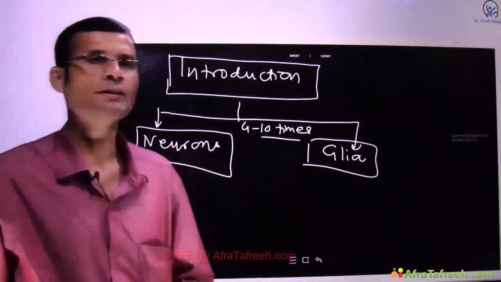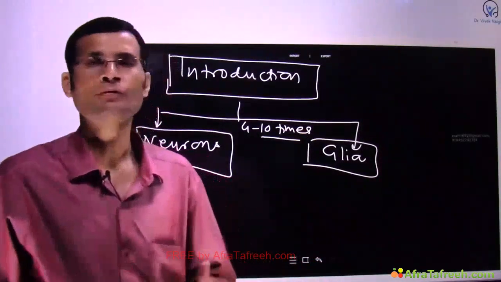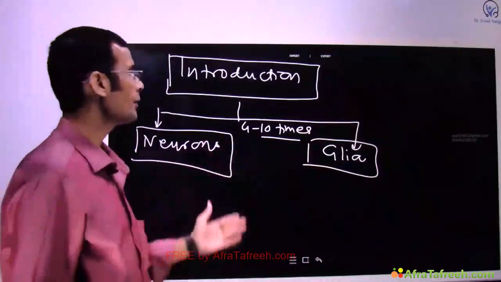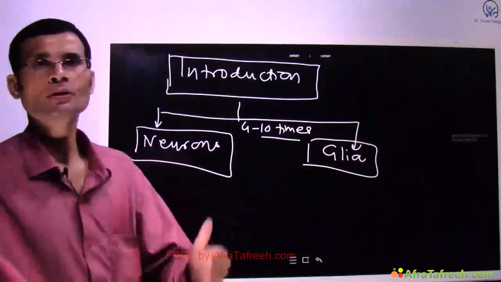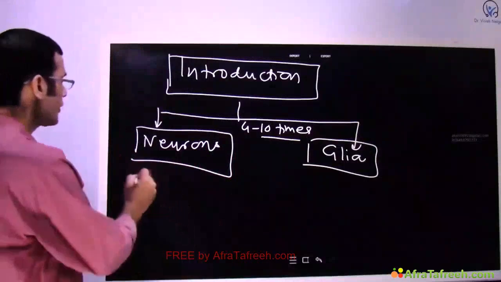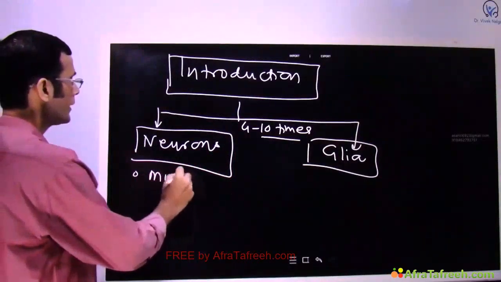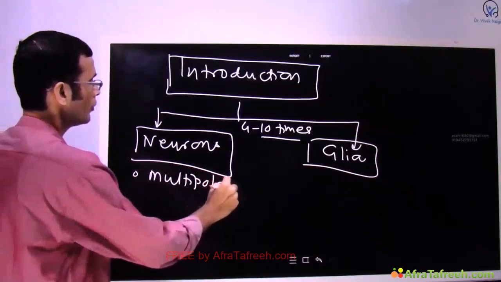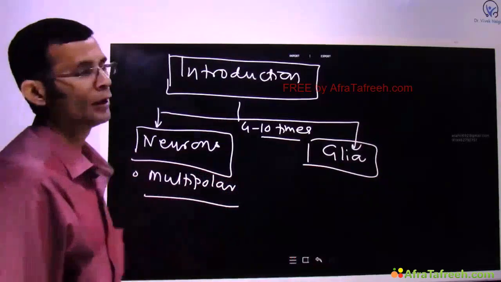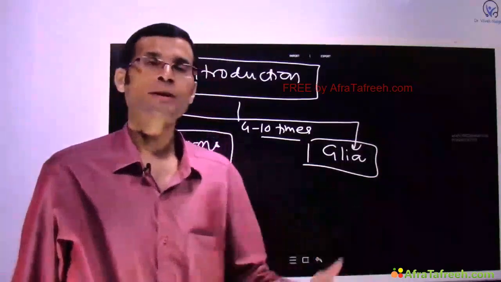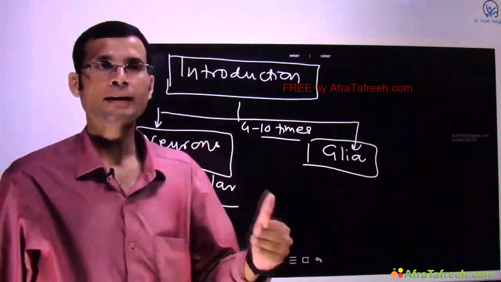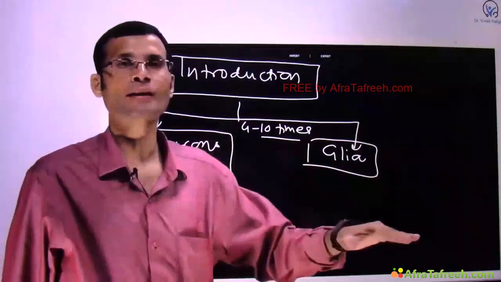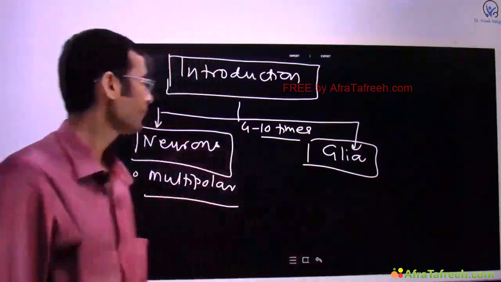We have already classified the types of neurons like multipolar, bipolar, pseudounipolar and axonal. The majority of the neurons in the CNS will be multipolar. And we have also discussed that no new neurons are formed after birth.